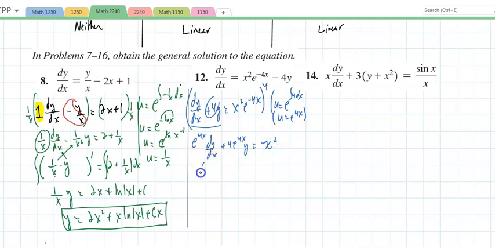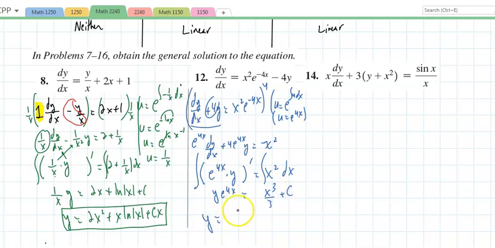And I know that somebody must have applied the product rule on e to the 4x times y. And if I integrate to undo that product rule with respect to x, this will be y e to the 4x equaling x cubed over 3 plus c, and y would be 1/3 x cubed e to the negative 4x plus c e to the negative 4x.